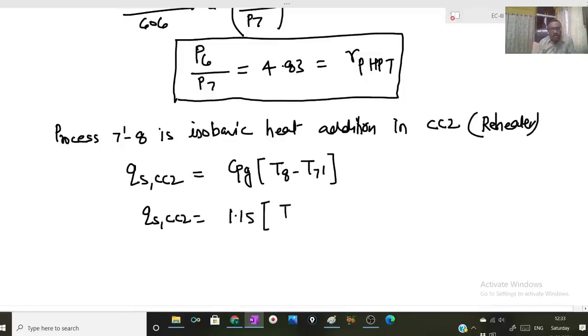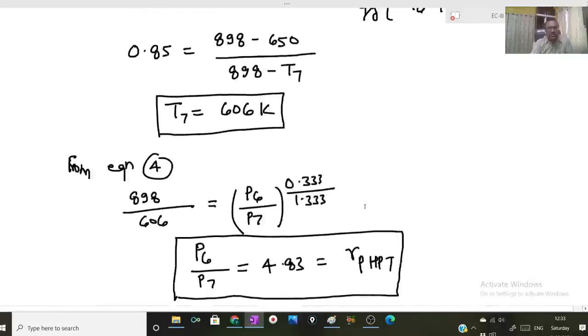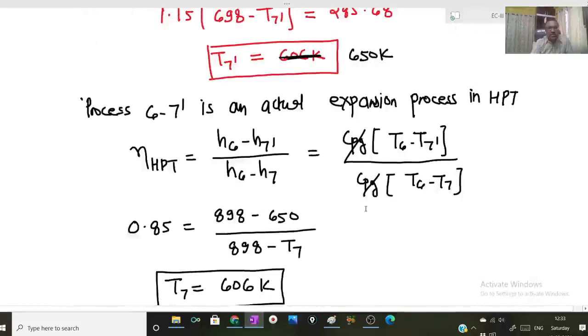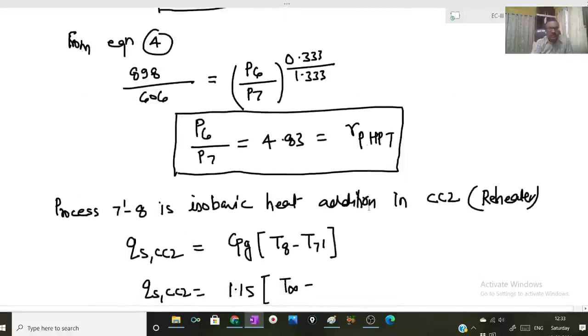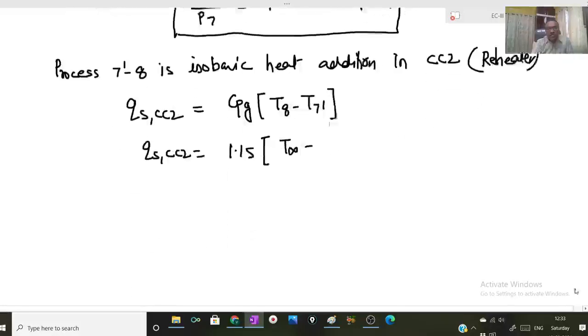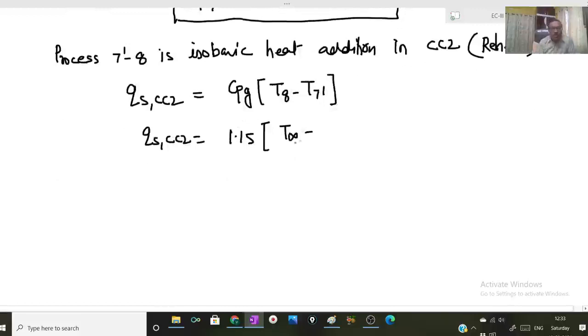T8 is not known to me, T7 dash is known to me, and it is 650 Kelvin. Oh, T8 is also, sorry, T8 is also known to me.